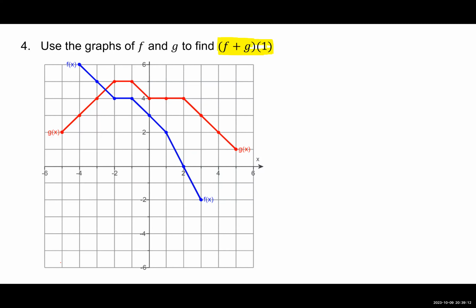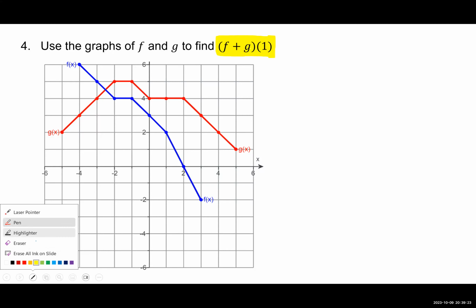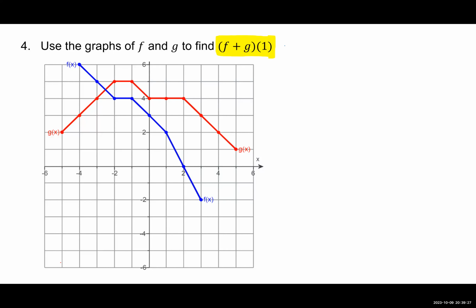So one of the first things I introduced in my previous video was this new notation for the combination of two functions. So let's start with that. F plus g of 1 is the same as saying f of 1 plus g of 1.